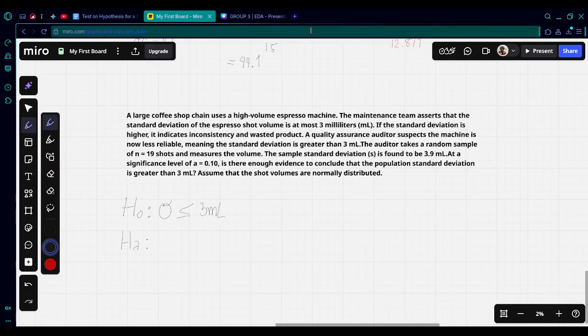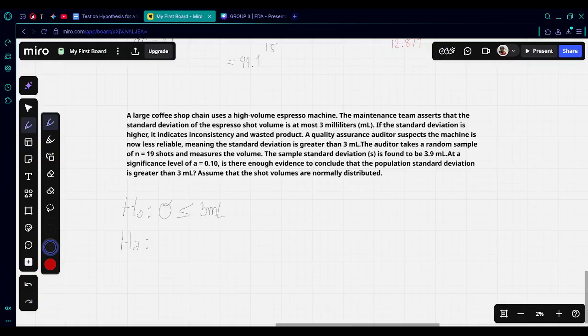For our alternative hypothesis, it was stated that if the standard deviation is higher, it indicates inconsistency and wasted product. A quality assurance auditor suspects that the machine is now less reliable, meaning the standard deviation is greater than 3 ml.